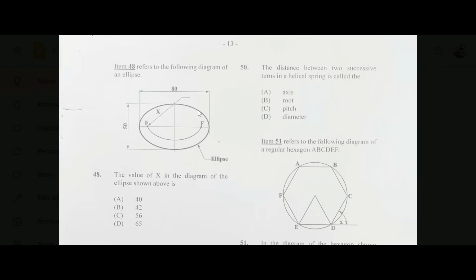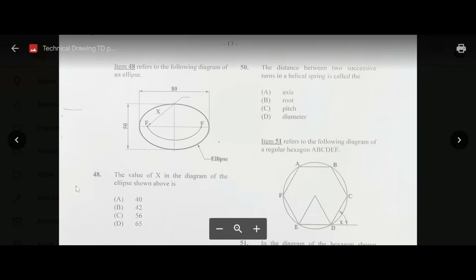So even if the point were over here, and you measure the distance to this focus point and this focus point, if you add both distances, you will get the length of the major axis. In this case, it came from the center of the ellipse. So we know that the length of each of them is the same, and the major axis is 80. So this distance is 40, and this distance is 40. So number 48, the answer is A, 40.